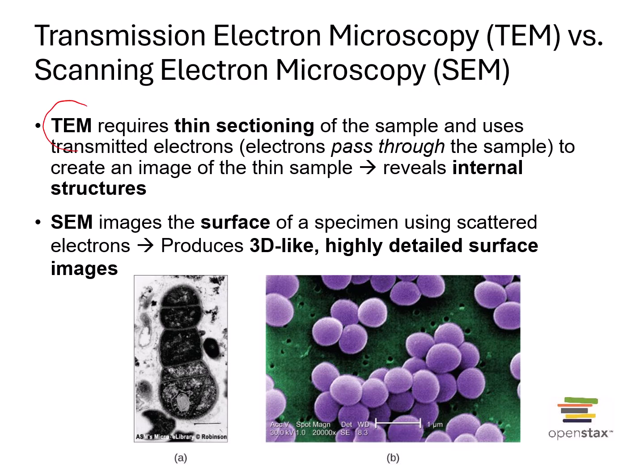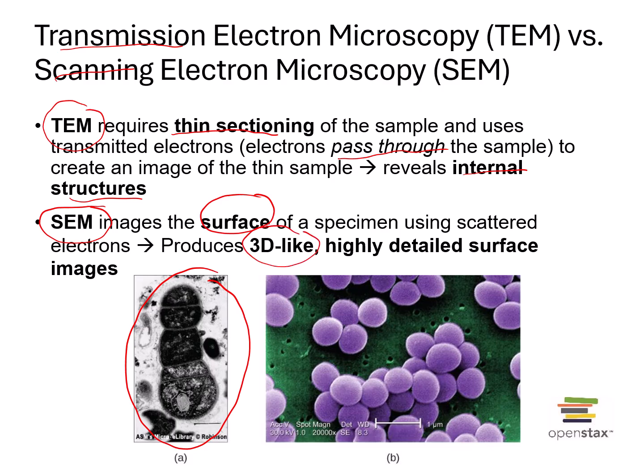One is transmission electron microscopy, which requires you to cut your sample into very thin sections, and electrons will pass through these thin sections to show internal structures, as shown here. Whereas the second type, scanning electron microscopy, shows you the surface of your specimen, and this produces three-dimensional detailed surface images like the one shown here on the right.